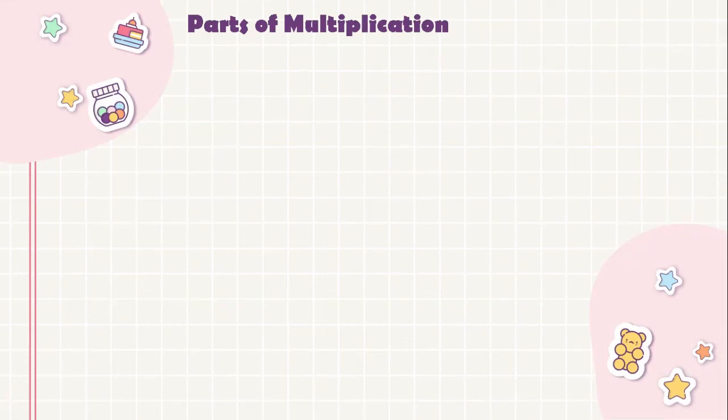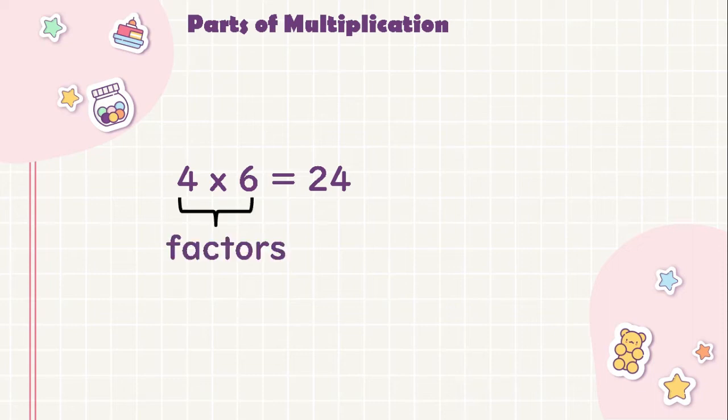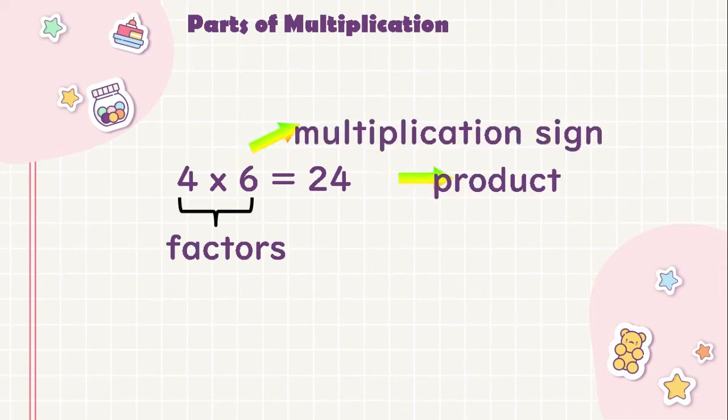Now, let's talk about the parts of multiplication. Okay, so for a multiplication sentence like this, 4 times 6 equals 24, we have the factors, the product, and the multiplication sign. Okay, so factors, kids, ito yung numbers that are multiplied.